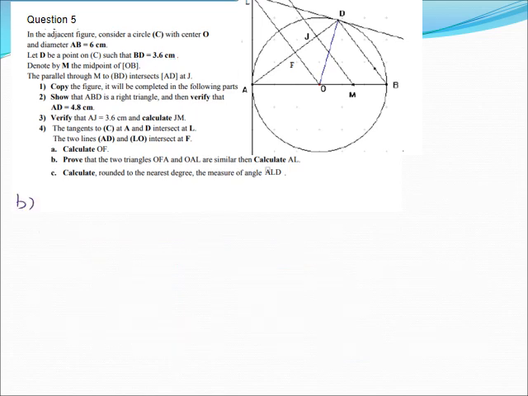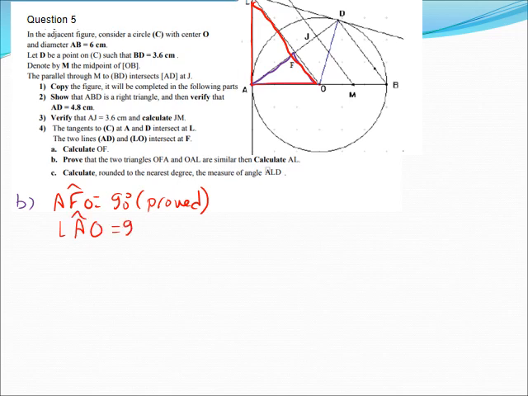B. Prove that the two triangles OFA and OAL are similar. AFO equals 90 degrees, proved. LAO equals 90 degrees, tangent.